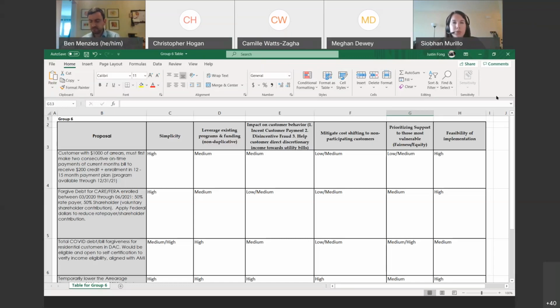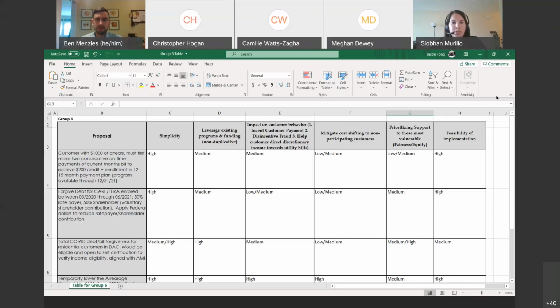A customer with $1,000 in arrears would make 2 consecutive on-time payments before receiving the $200 bill credit with no additional debt forgiveness. Then we would enroll a customer in a 12-month payment plan to pay off the rest of the arrearages. We also propose that this be limited for 6 months following the expiration of the emergency customer protections.